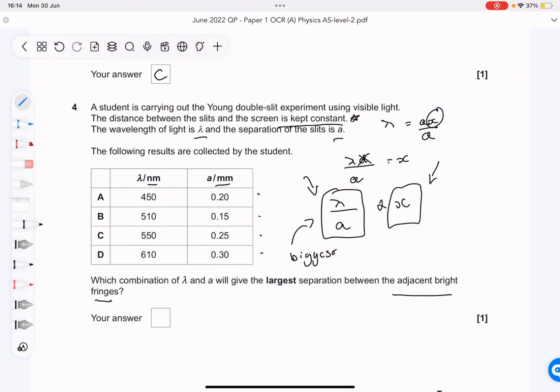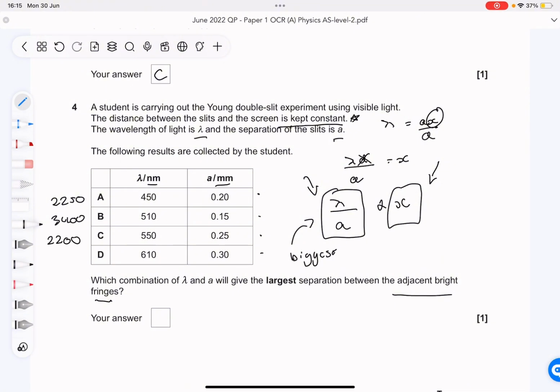So if I do 450 over 0.2, starting from A, I did it wrong on my calculator, I apologise. That's 2250. If I do 510 over 0.15, I get 3400. If I do 550 over 0.25, I get 2200.